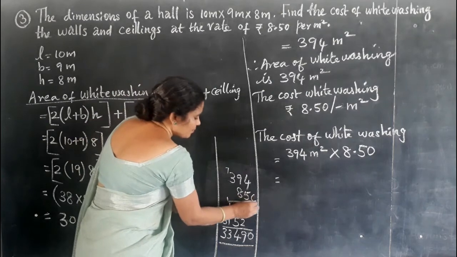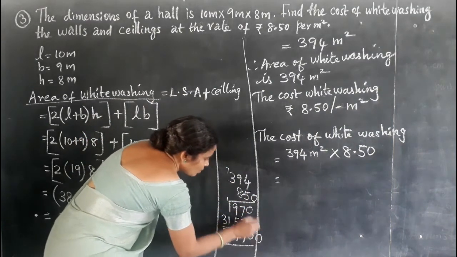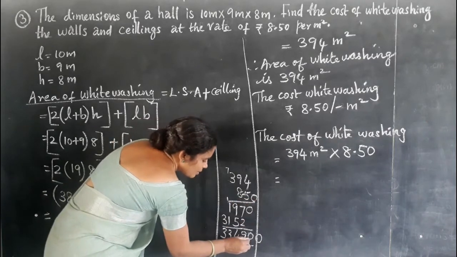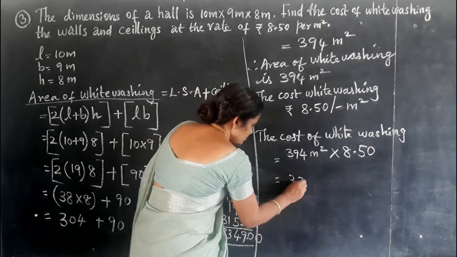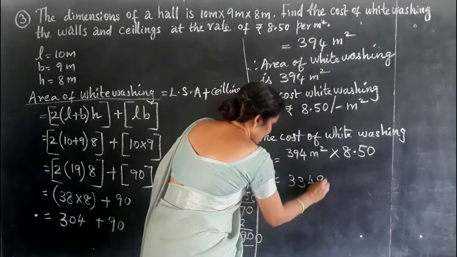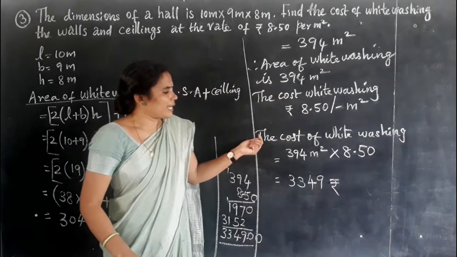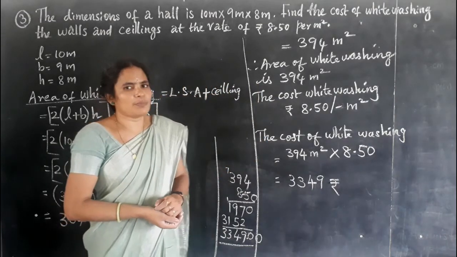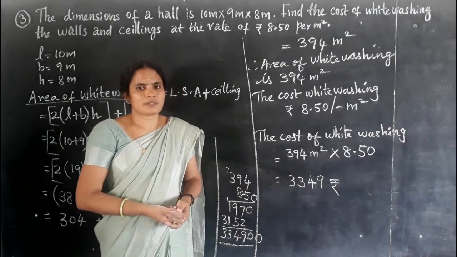Okay, here we have 0 and decimal. So add 0, we have 2 decimal after 2 places. So 3,349 rupees. Cost of whitewashing 394 meter square at the rate of 8 rupees 50 paise is 3,349 rupees.